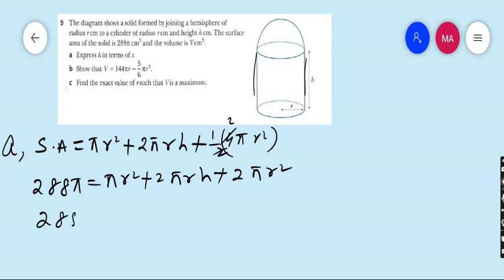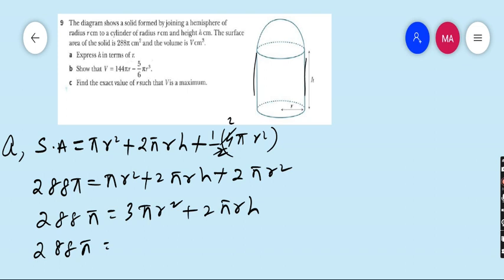Then 288 pi is equal to pi r square plus 2 pi r square, which is 3 pi r square, plus 2 pi r h. 288 pi is equal to, taking common pi, 3r square plus 2rh.